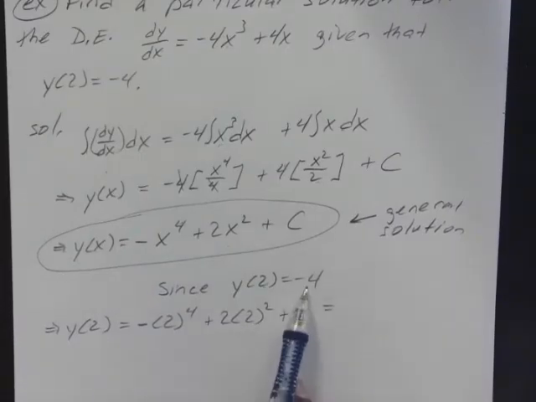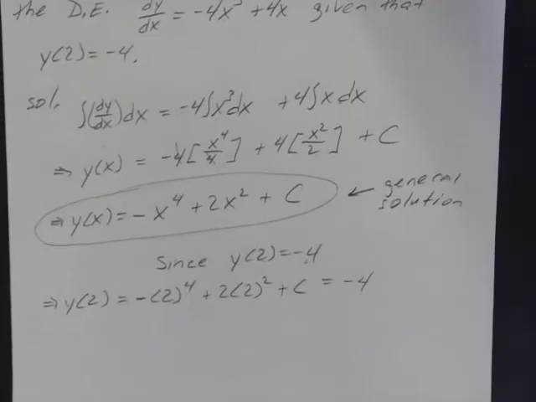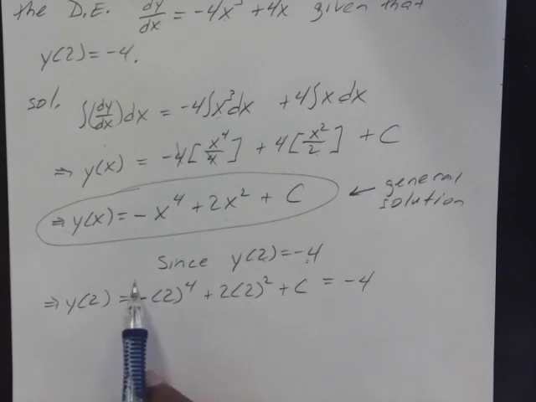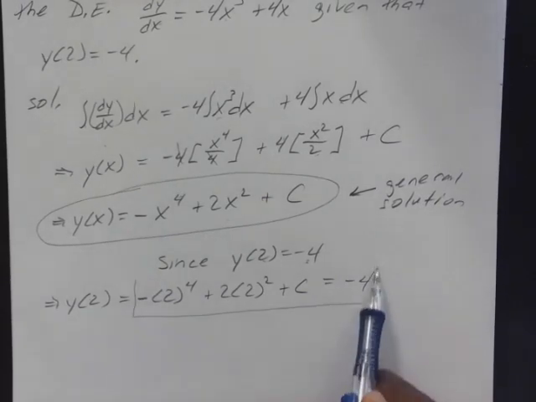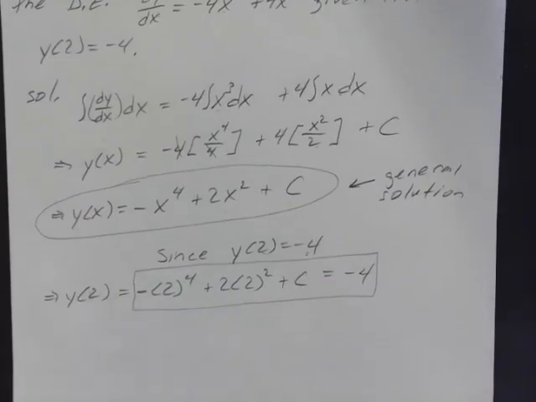We know that y of 2 is equal to negative 4. So all of that has to equal negative 4. So we're just going to take this, and this is the only part of it we're going to focus on.